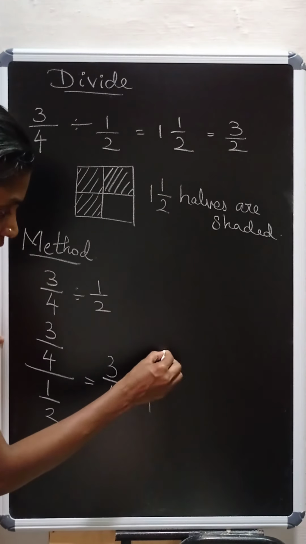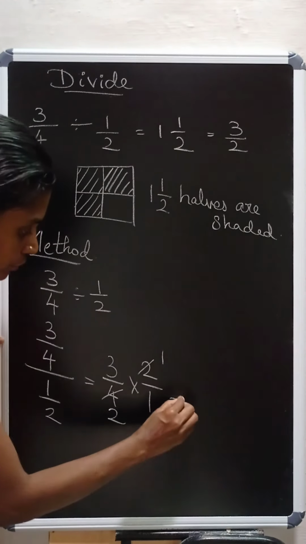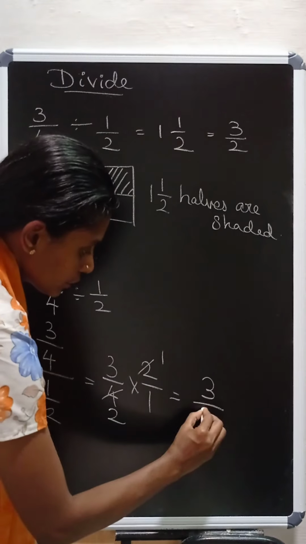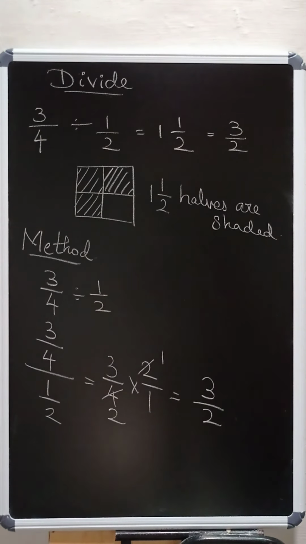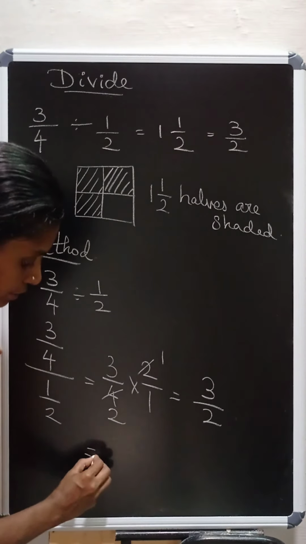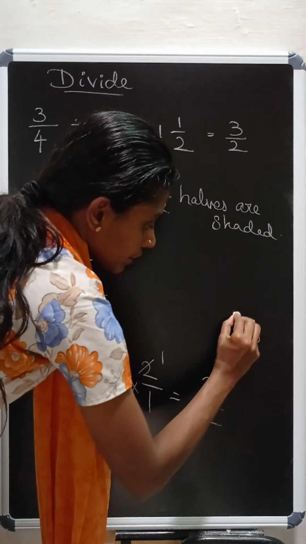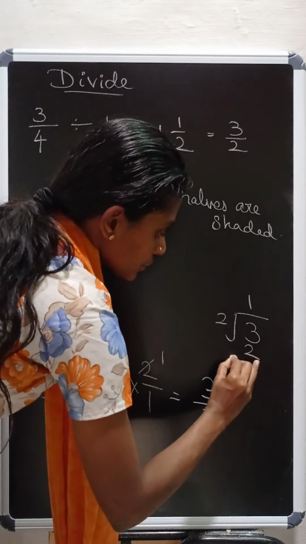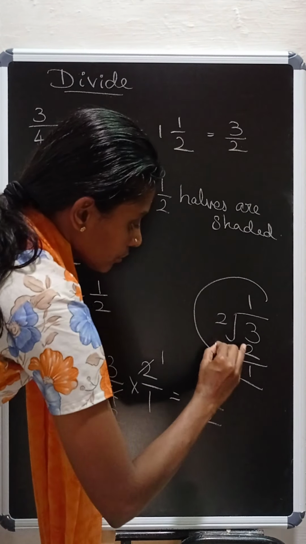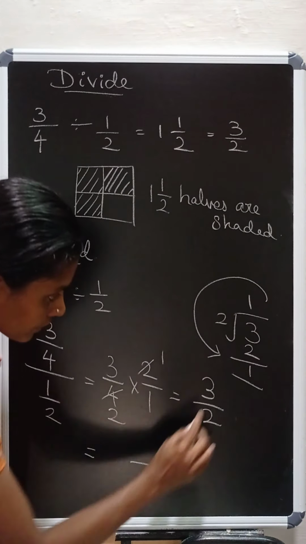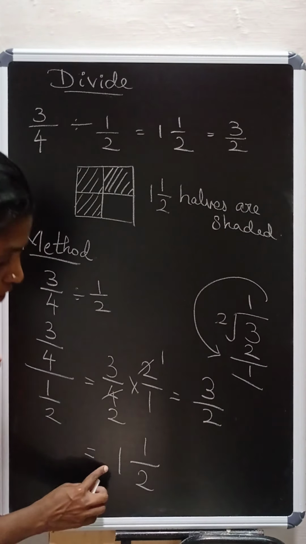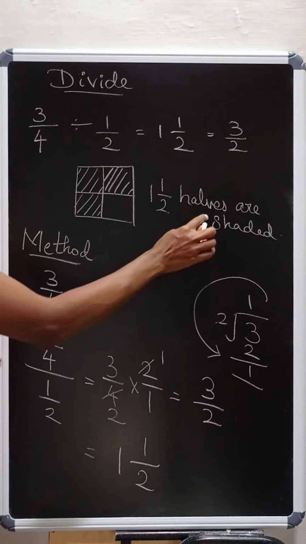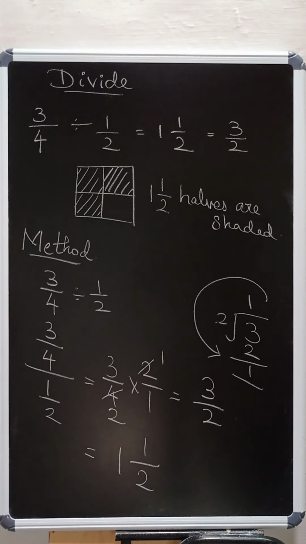Now multiply. 2 1s are 2, 3 2s are 6, 4 1s are 4. So you have got 6 by 4, which is 3 by 2 here and 3 by 2 here. Now if you are converting this into an improper fraction, then 1 2s are 2. Now take it in the reverse way. So this 2 comes down, this 1 goes up and this 1 comes here. So 1 and a half halves are shaded. Understood?